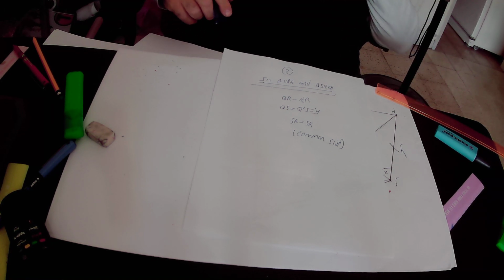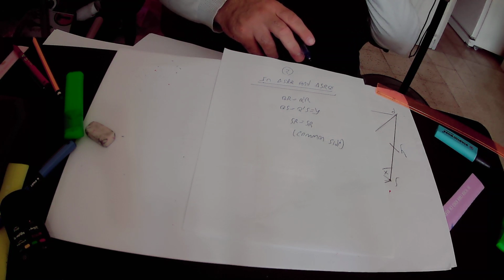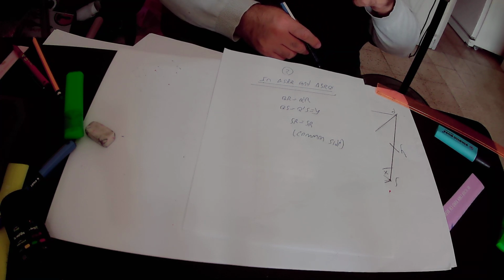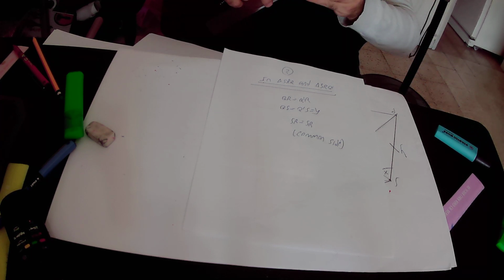So we actually proved that triangle SRQ is congruent to triangle SRQ dash according to the side rule. So I write it down.